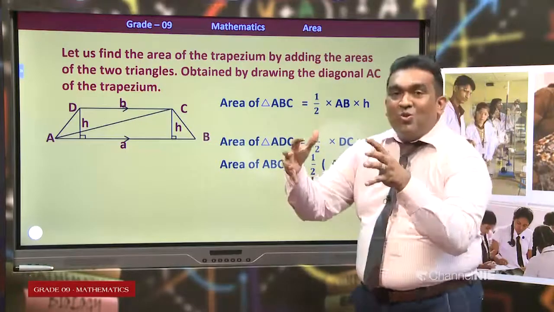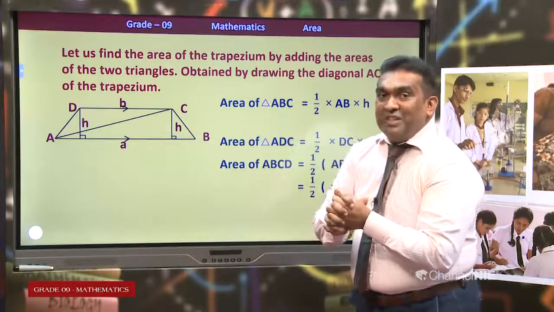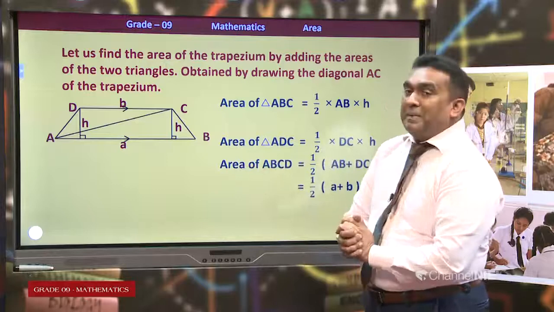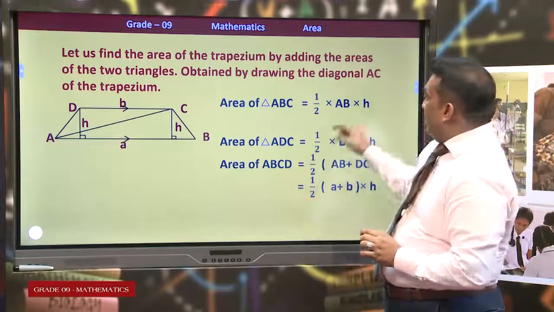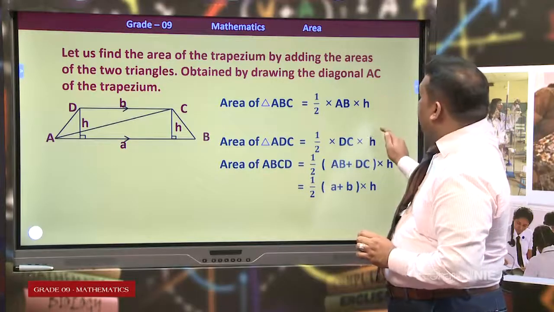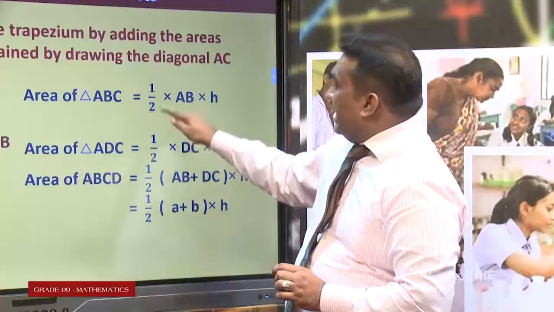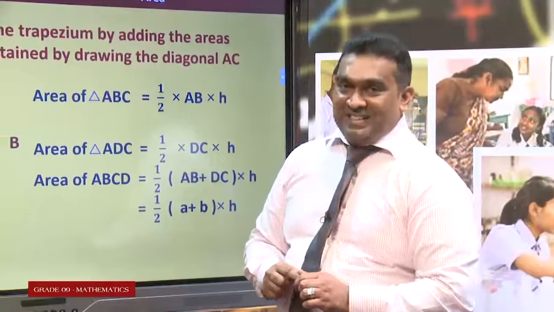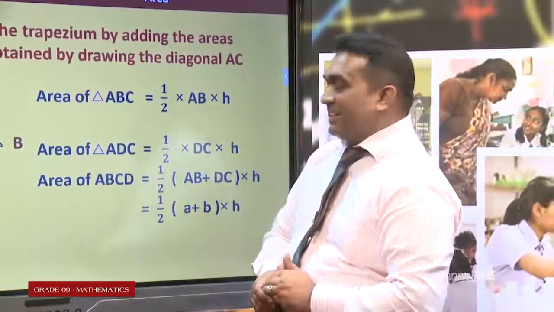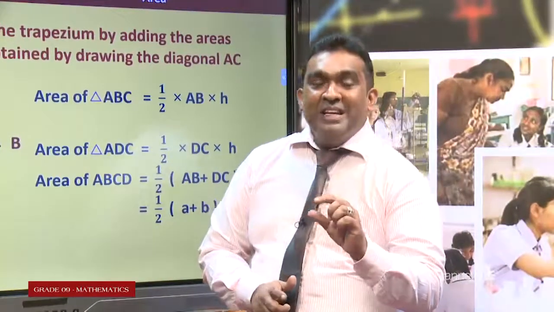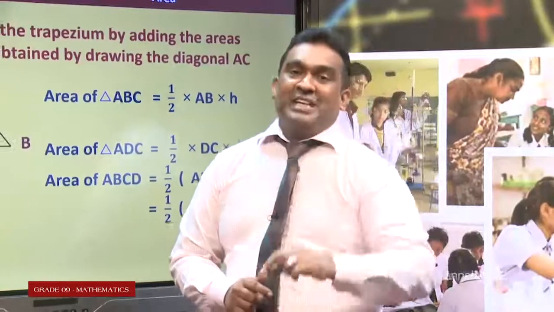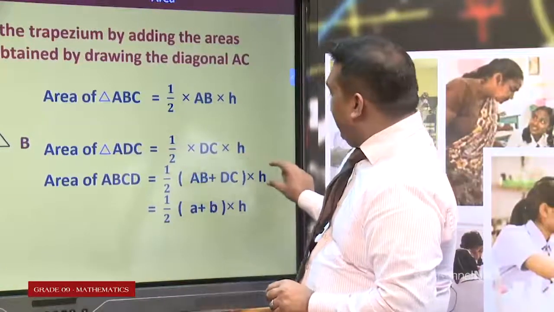Now, putting together the areas of these two triangles, we can find the area of the trapezium ABCD. First formula plus second formula. Here you can see half is common, h is common. As a result, half h is common.